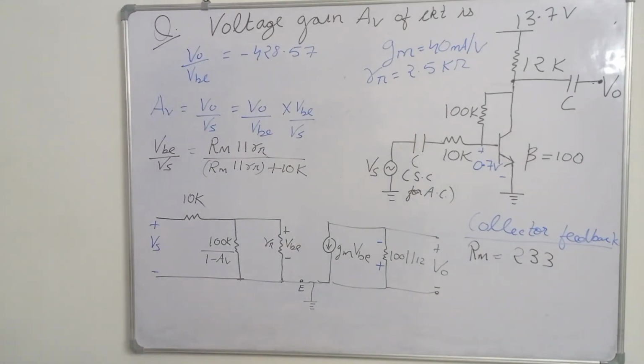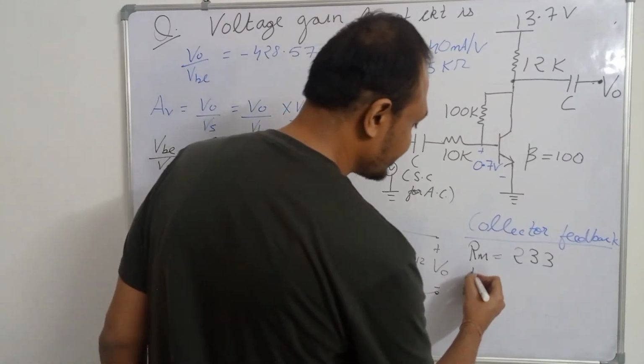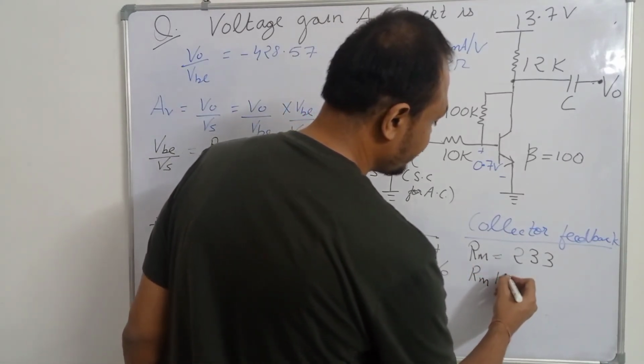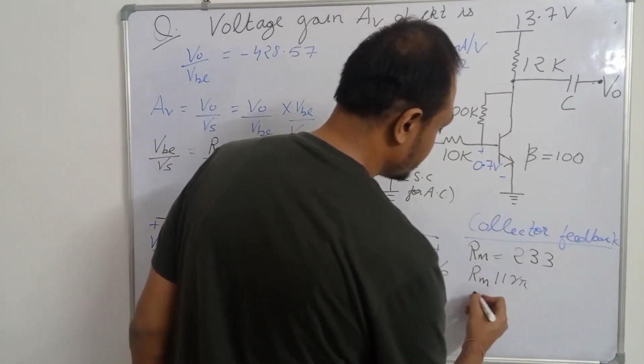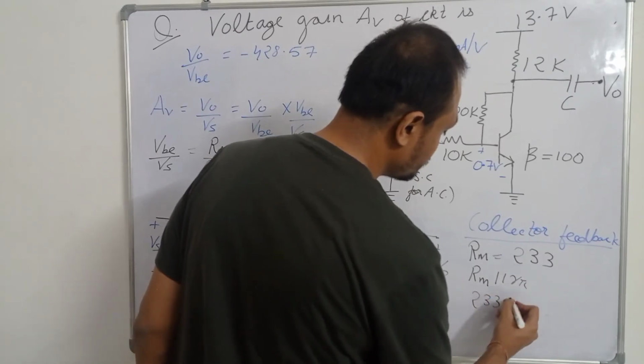Now this Rm is in parallel with R pi. So again we can calculate Rm parallel with R pi, which is 233 in parallel with 2.5k.